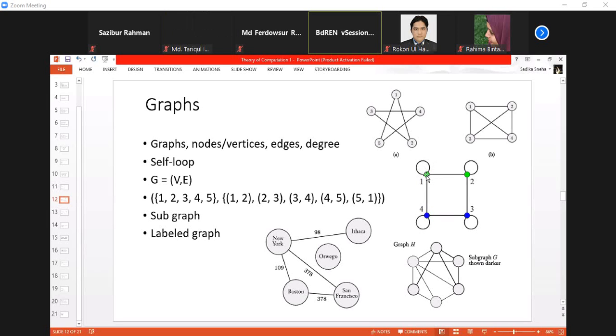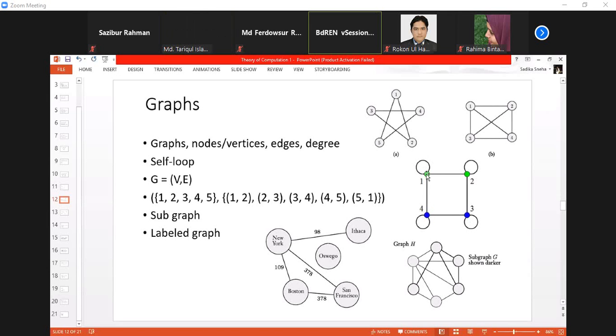You may consider these green and blue points as the nodes, and this ring here is known as a self loop.